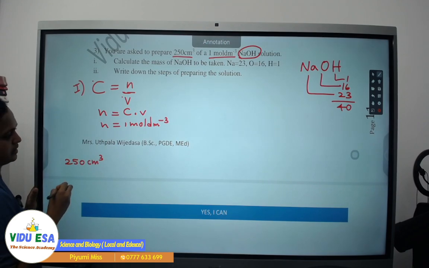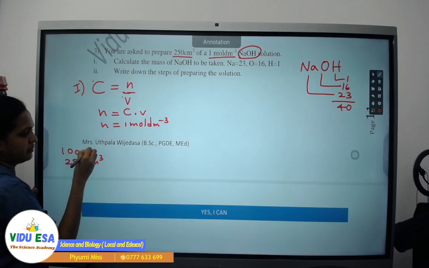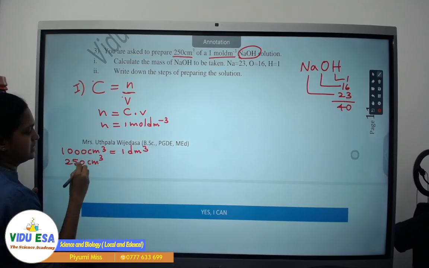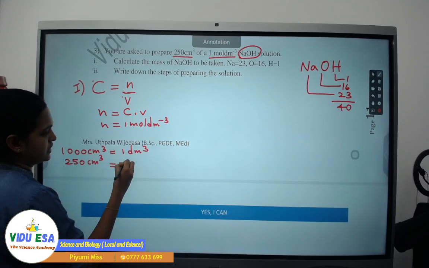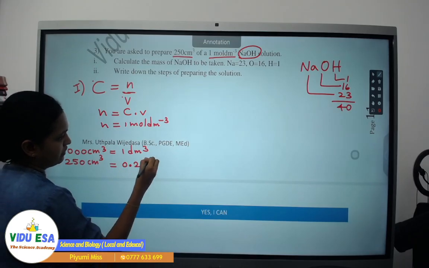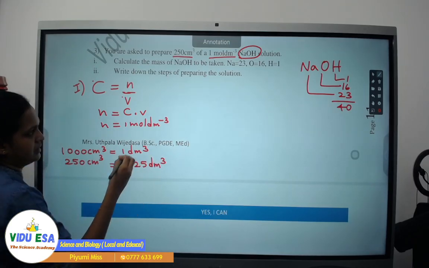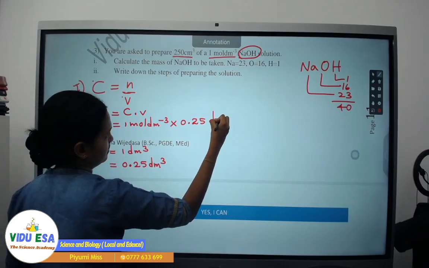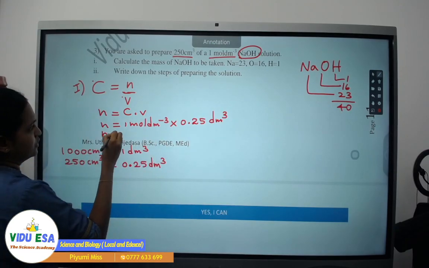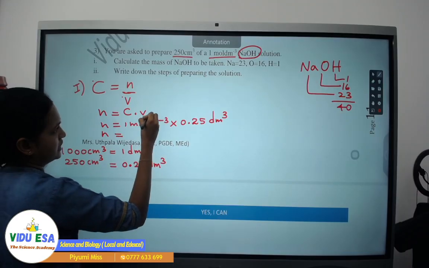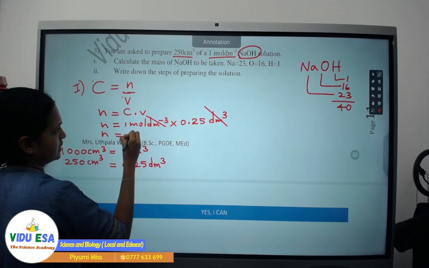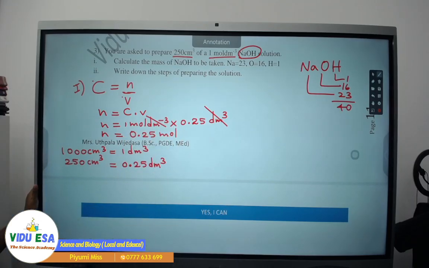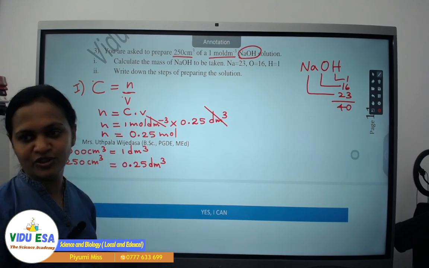1000 cubic centimeters is equal to 1 cubic decimeter, so 250 cubic centimeters is 0.25 cubic decimeters. Number of moles equals 1 mole per cubic decimeter times 0.25 cubic decimeters, that is 0.25 moles.